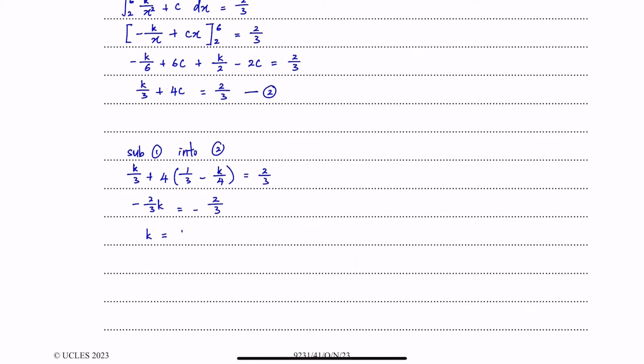So k would be equals to 1. And now we find the value of c. So c is 1 over 3 minus k over 4, which is 1 over 3 minus 1 over 4. So we would get 1 over 12 as our value of c.